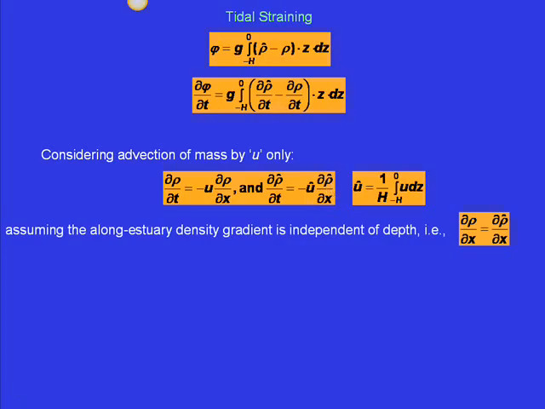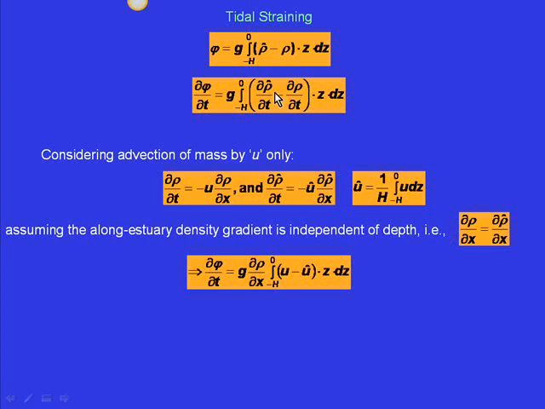And also assuming that the along-estuary density gradient is independent of depth, we can plug these two in here, and the d rho dx comes out of the integral because it's independent of depth.